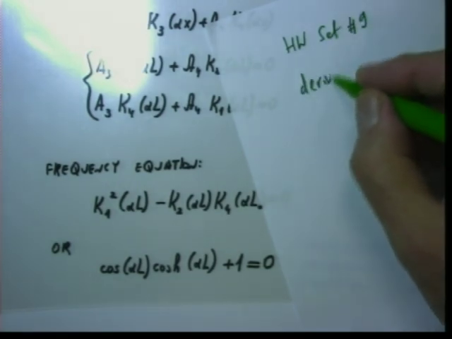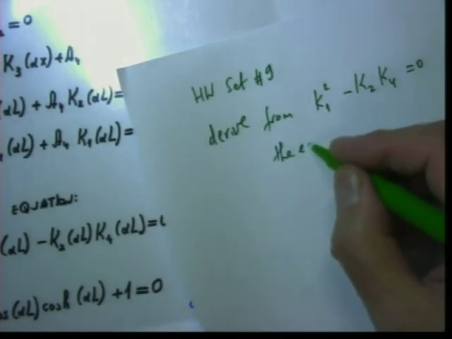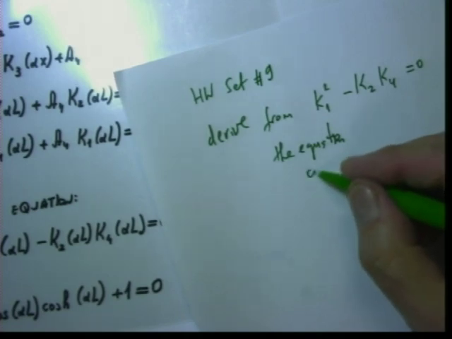Homework set number 9. Derive, from K1 squared minus K2 K4 equals 0, the equation cosine alpha L, hyperbolic cosine alpha L, plus 1 equals 0.